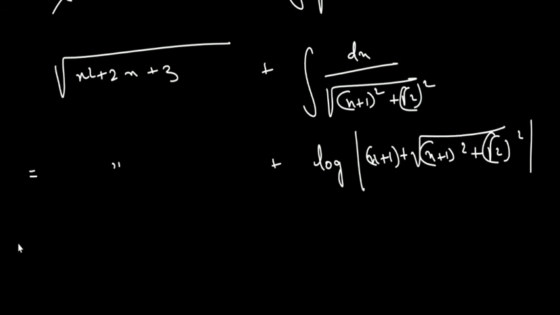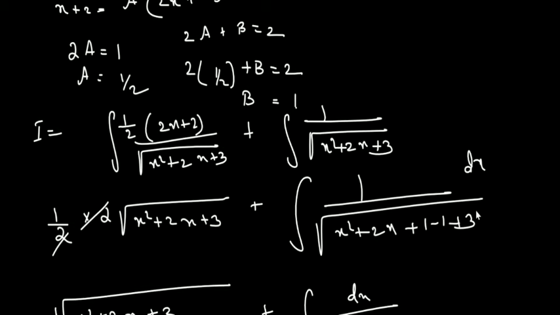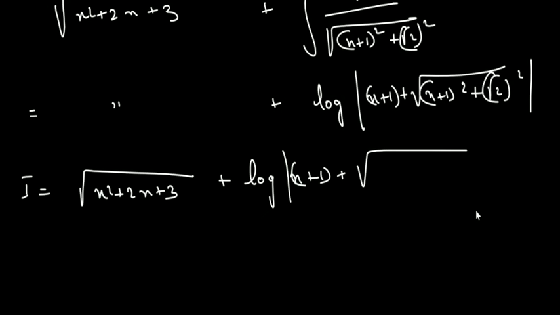So the final answer is root of x square plus 2x plus 3 plus log of x plus 1 plus root of this x square plus 2x plus 3, plus C.